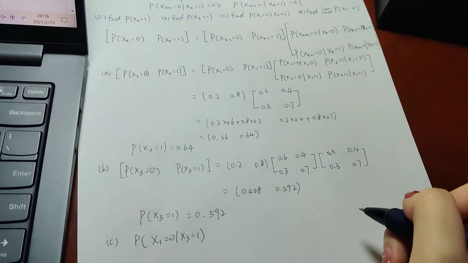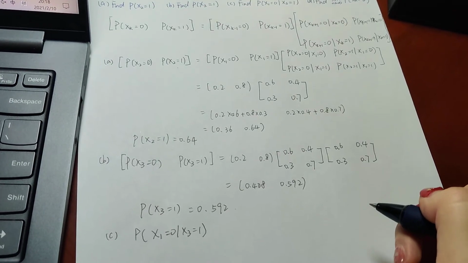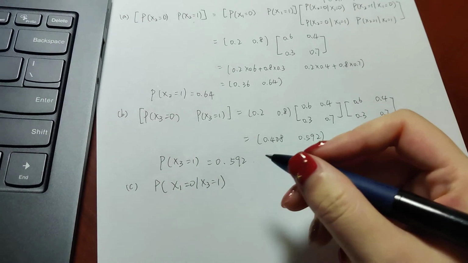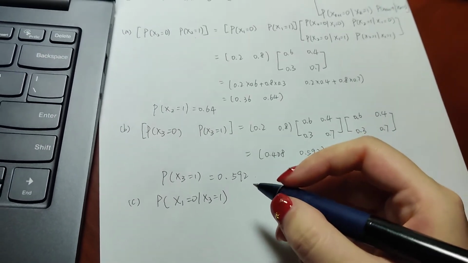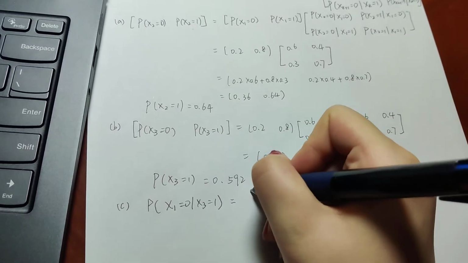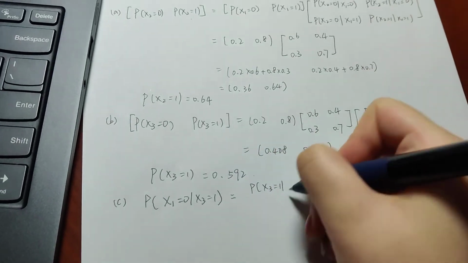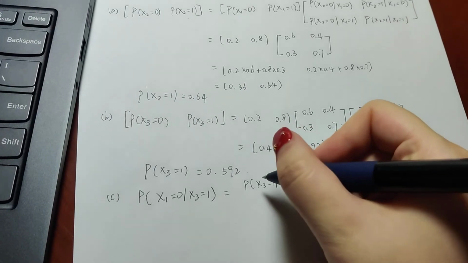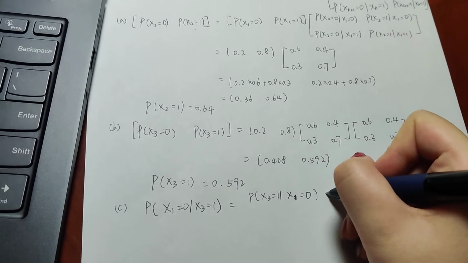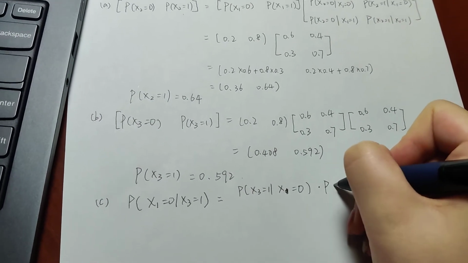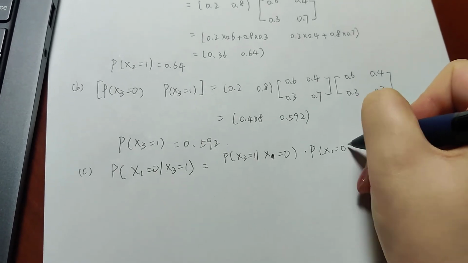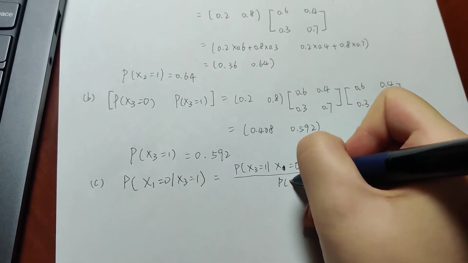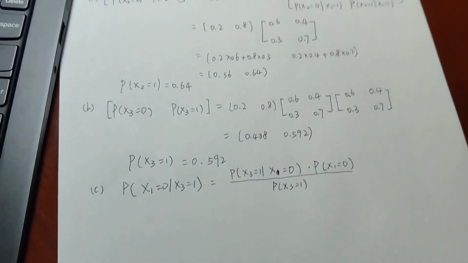Question C. We want to know that when x3 equals 1, the probability of x1 equals 0. From the condition, we can know that this probability equals the probability of x3 equals 1 when x1 equals 0, multiplied by the probability of x1 equals 0, divided by the probability of x3 equals 1.